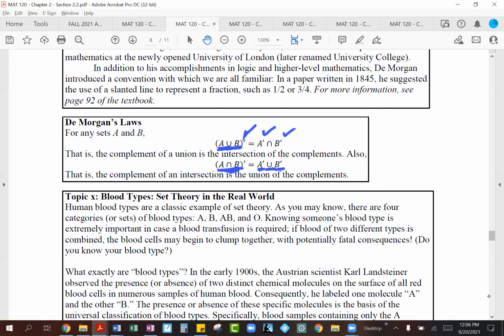So basically, your intersection and union will switch, and then you will end up taking a complement on each individual set, whereas on the left-hand side, you had the complement on the union or the intersection.